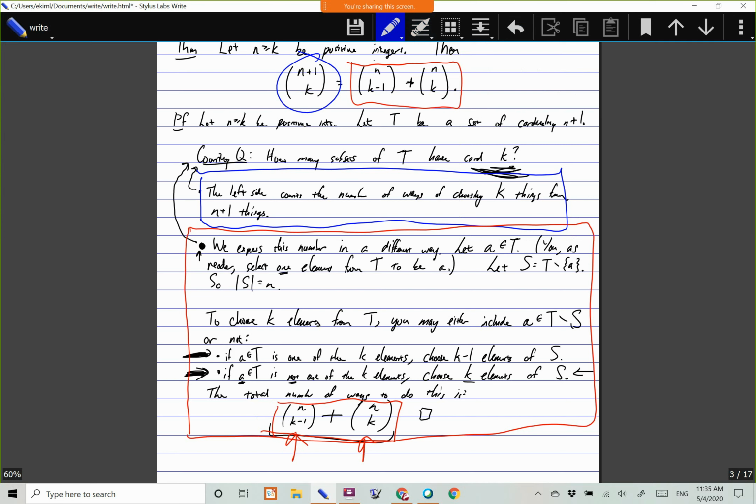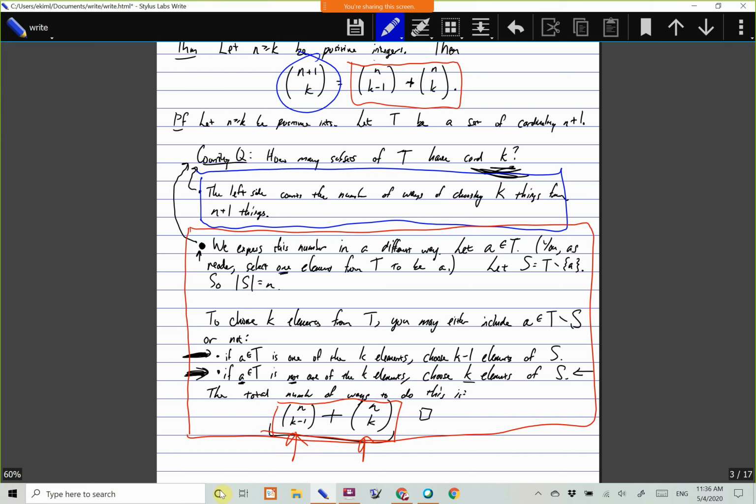If you include little a in the subset of cardinality K, that's just one element, so you have to pick K minus 1 more things, but out of only n things, the remaining n things. Then if a is not one of the chosen elements, then out of the n things that are not a, you have to choose K things. Maybe I'm over explaining now. It takes some getting used to for sure.